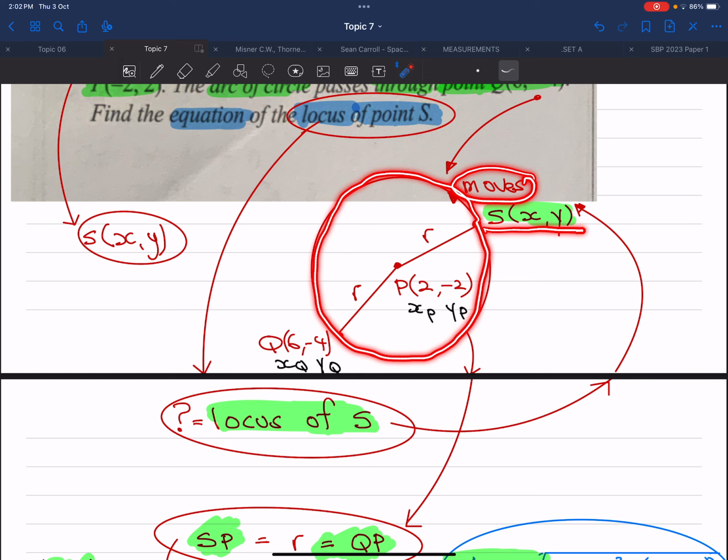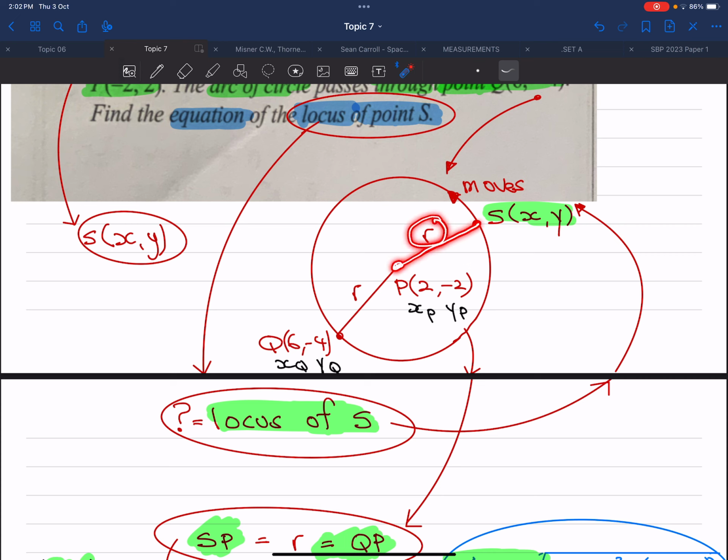Next, the distance of point S to the center of circle, of course, is radius. I label R. And there's another radius R between the point P and the point Q, which is also radius.